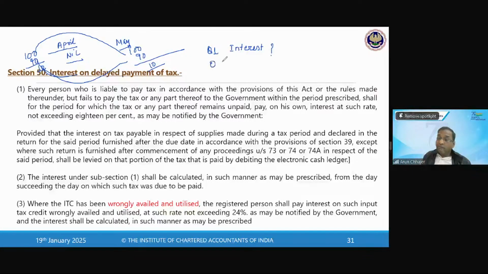Question number 2, will the interest be applicable on 100 or on 10?